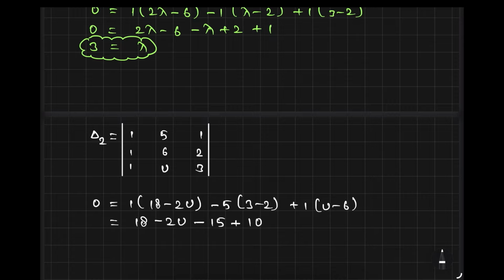Now minus 2u plus u will become minus u, so minus u will come this side, so it will become u, okay. So 18 and 10 will become 28, and this other thing will become 21. So 28 minus 21 is 7, so the value of u becomes 7, okay.